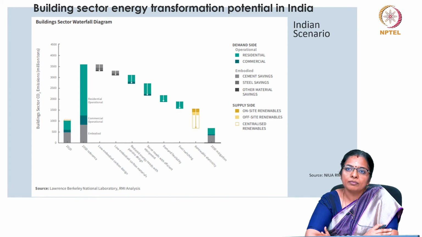Globalization has brought in so many offices, and therefore according to the National Institute of Urban Affairs RMI report, that is NIUA, the Indian building sector's emissions are divided into embodied emissions constituting 10% of the total energy consumed, and operational carbon emissions which account for 90%.